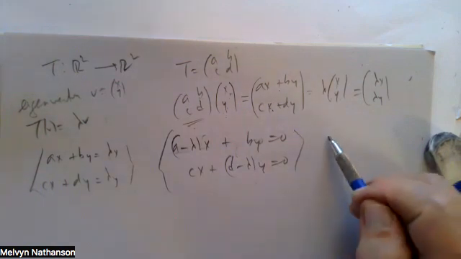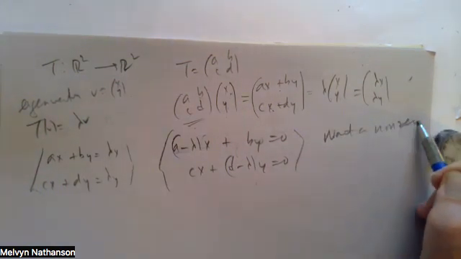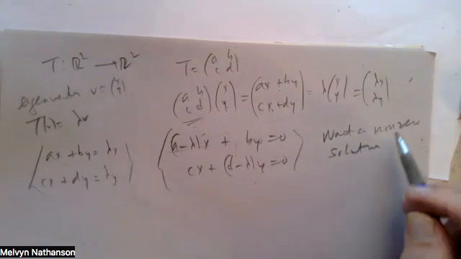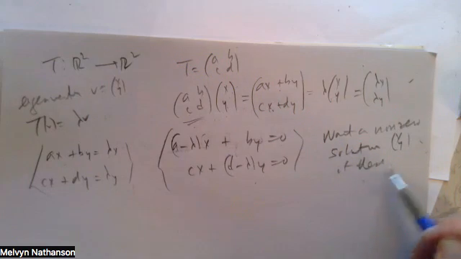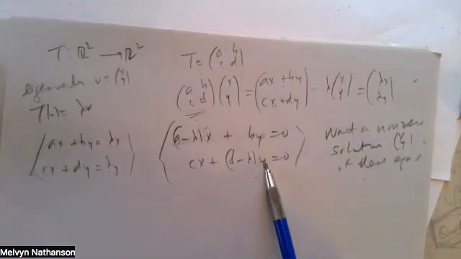So what we want is a non-zero solution. We're looking for a vector XY which is not the zero vector, a non-zero solution XY of these equations. So this is two equations and two unknowns.